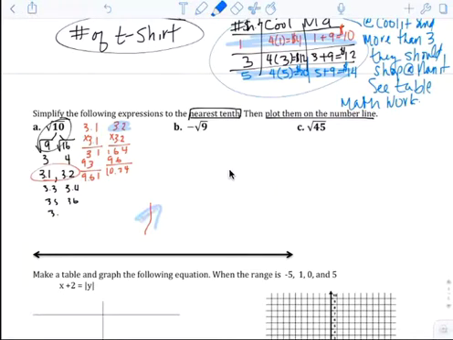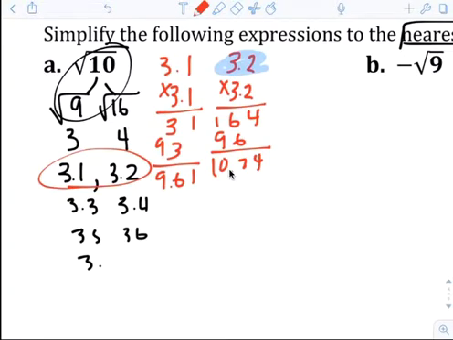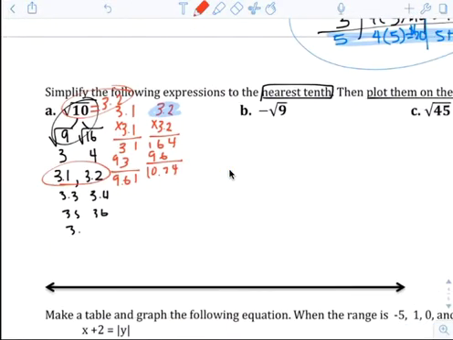Put it on a number line. So the square root of 10 is 3.2, about that to the nearest tenth. Okay? This is your answer.